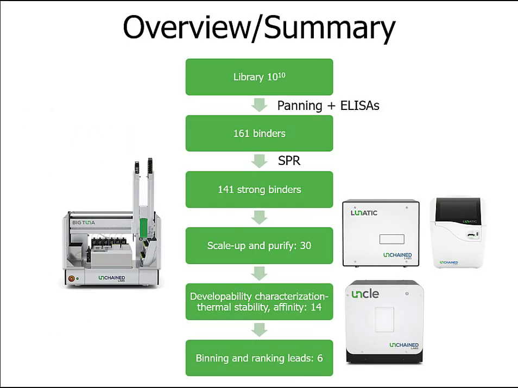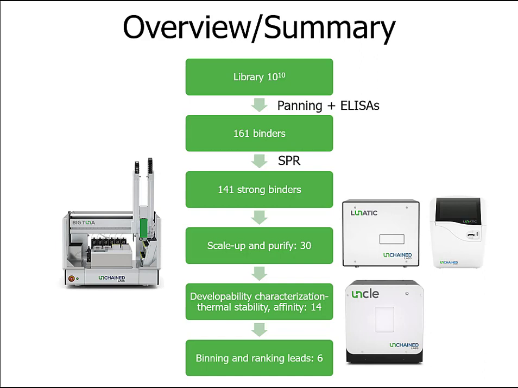So just to summarize, we can take a very high quality, highly diverse library on the order of 10 billion different antibodies. We can pan that library against any target we wish, and in this case we panned it against TIGIT, and we can come up with a large number of ELISA-positive binders.